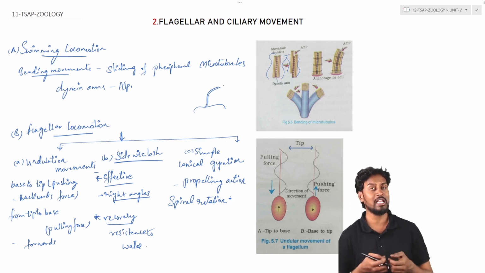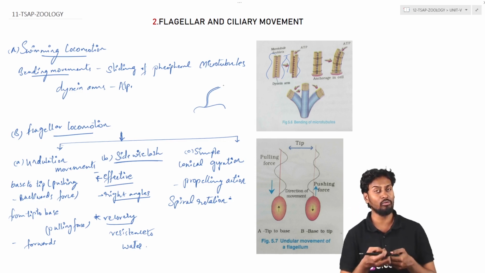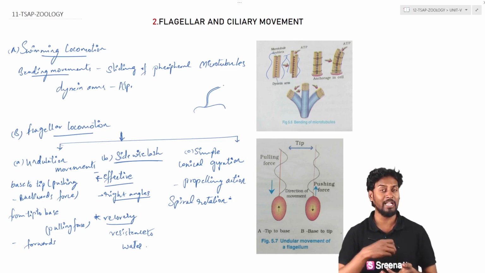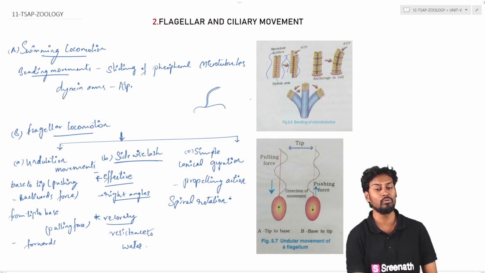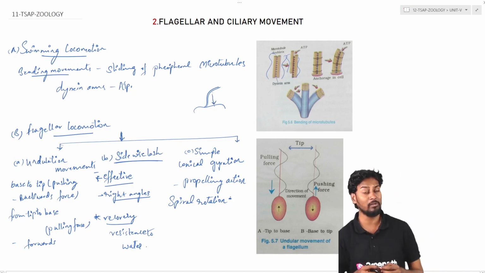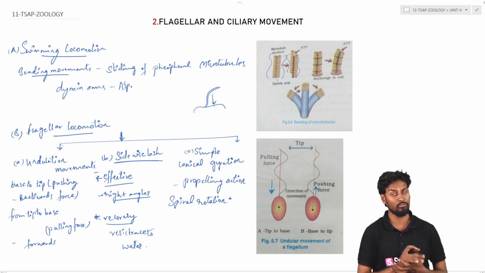But how does that happen? Because of sliding in one direction, one upon another, we can see the movement overall in terms of bending. So how does that bending happen? For example, this is the flagella or cilia which is generally attached at a 90 degrees angle to the surface of the cell.